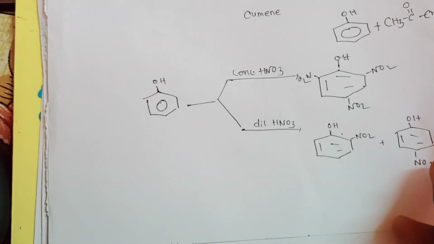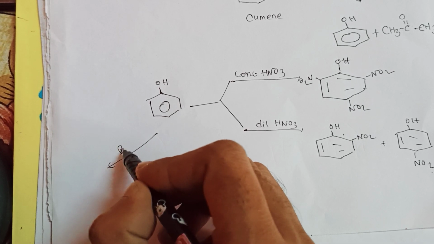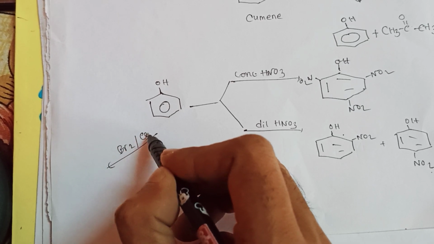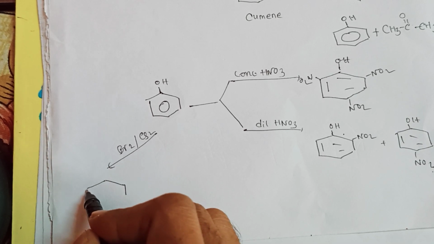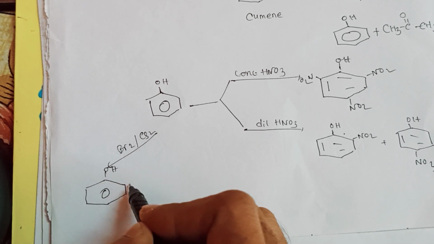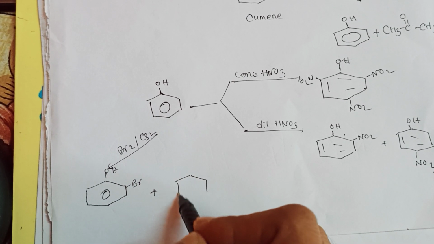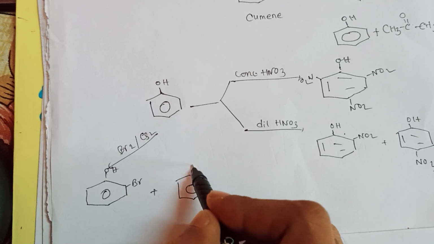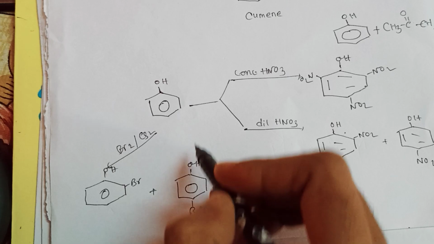In the para isomer, it forms intermolecular hydrogen bonds. Now in the presence of Br2 in CS2, ortho and para bromophenol are formed, and para is major.